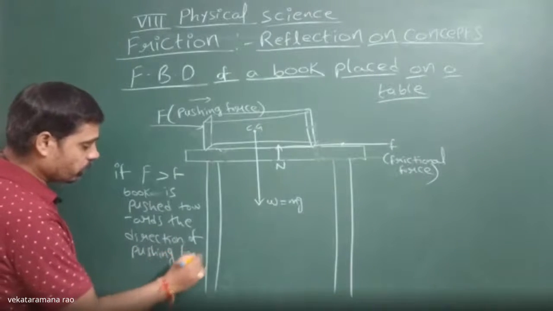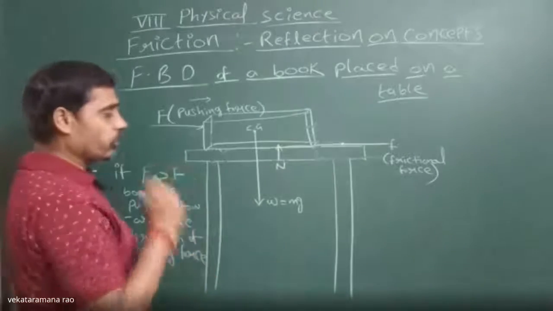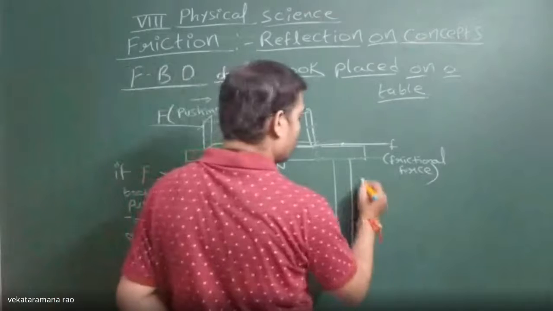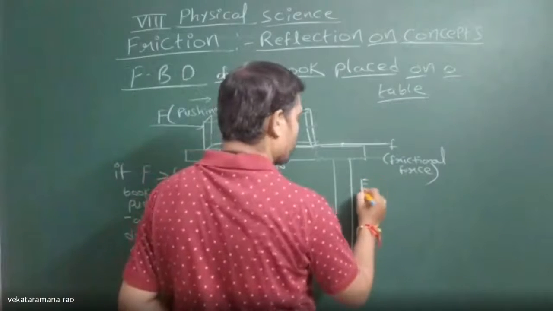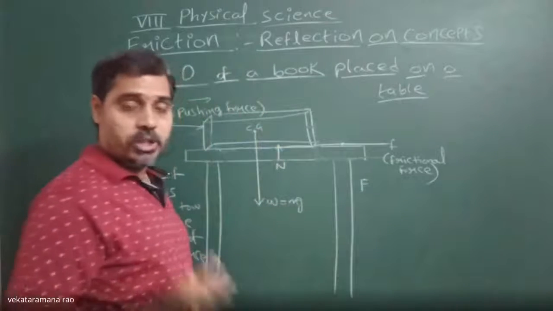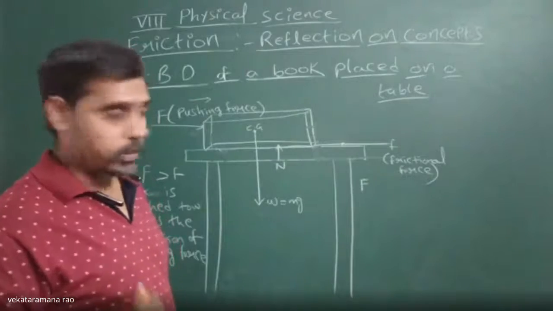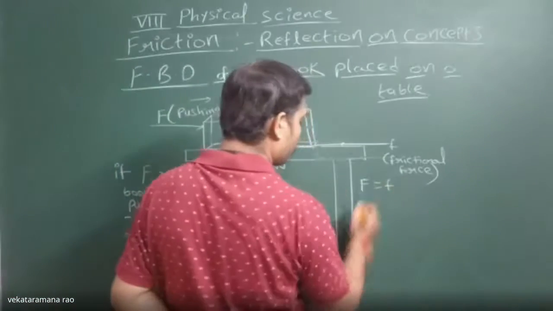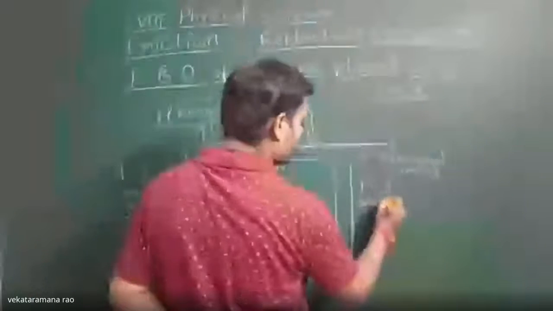If both are equal, the book will be at rest. The frictional force is never greater than the applied force. It may be equal to or less than the applied force. So if F is equal to small f, the book is in the rest position.